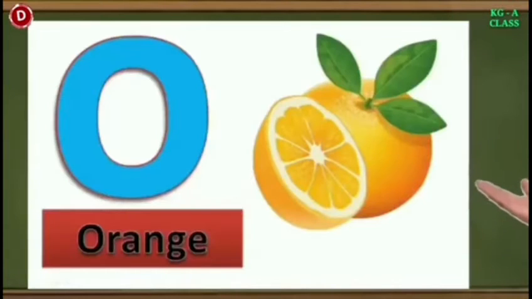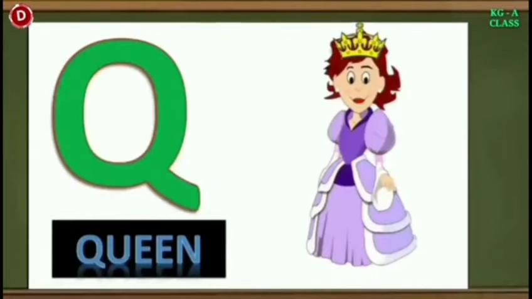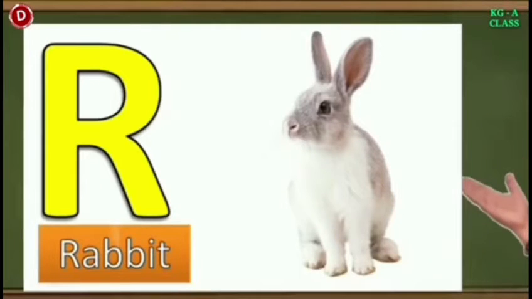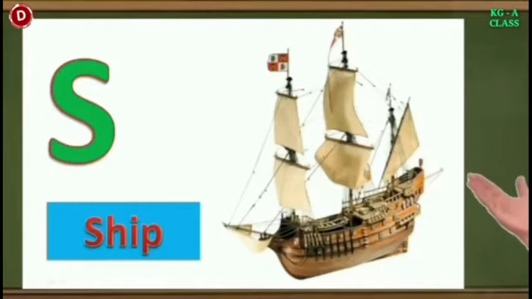Children, this is O. O for orange. Now comes P. P for parrot. Children, the next letter is Q. Q for queen. Now comes R. R for rabbit. This is S. S for ship.